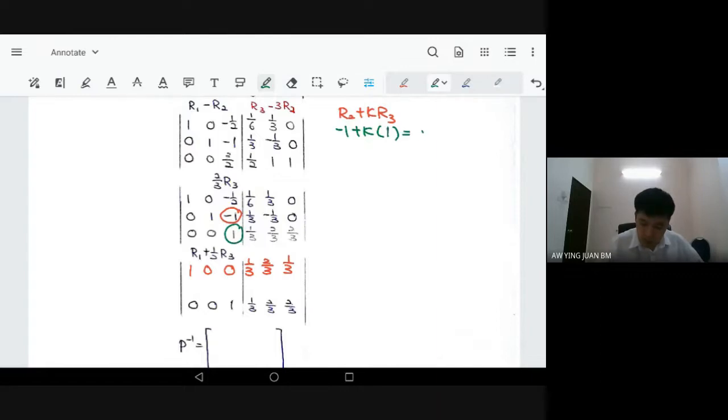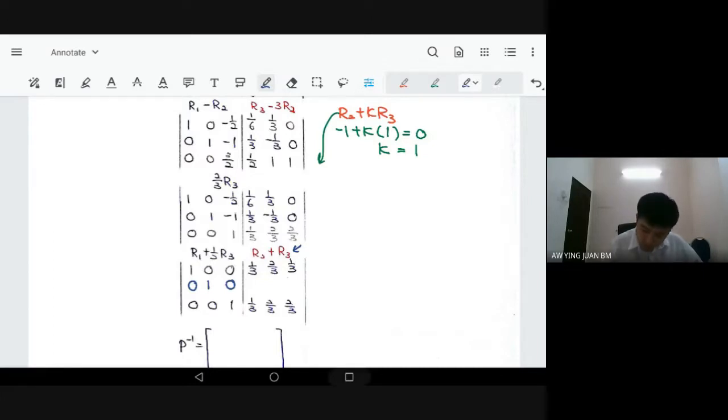Objective is to get 0. So K equals 1. So kindly substitute the formula. So we have the formula R2 plus R3.